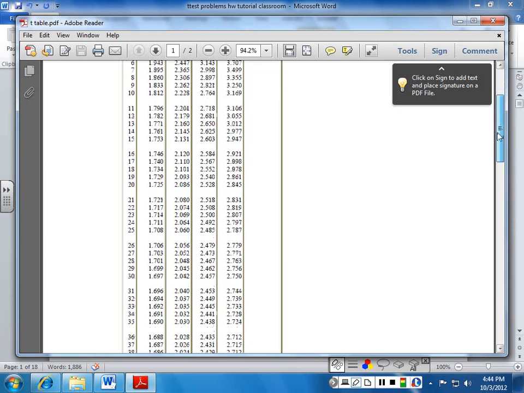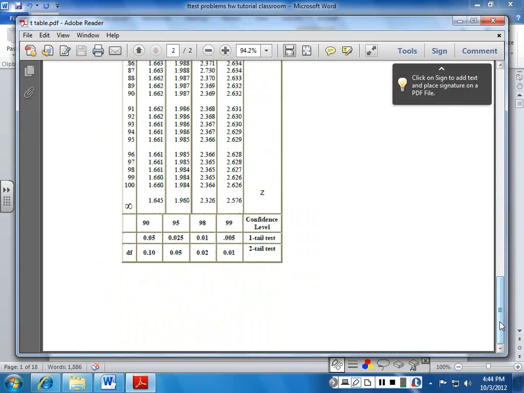If I go down to the bottom here, you can see the last row of the t-table. My t-table goes up to 100 degrees of freedom. In the last row, where n is infinity, you have confidence level 90%, 1.645, confidence level 95%, 1.96, and hopefully those numbers sound familiar to you.